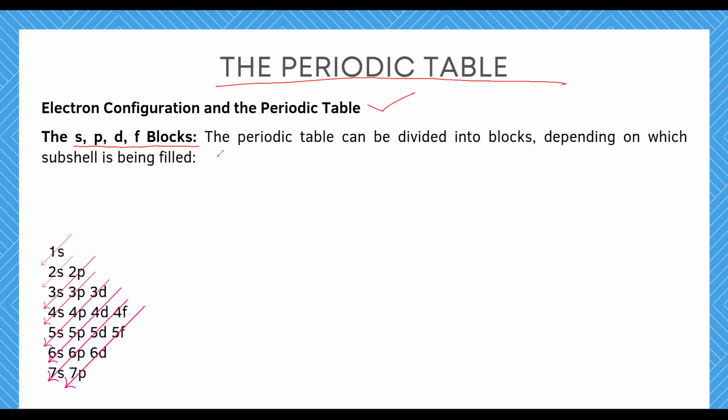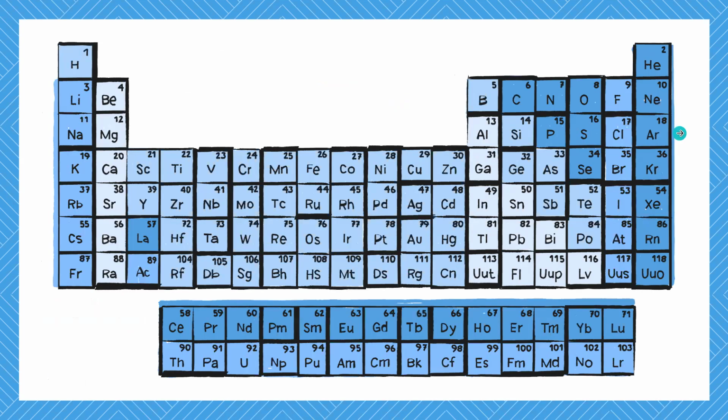So the periodic table can be divided into blocks depending on which subshell is being filled. Here is an example of what we mean. This is a diagram of what the periodic table looks like on the screen right now. The way this periodic table is arranged, there are different segments that contain different blocks of the periodic table.